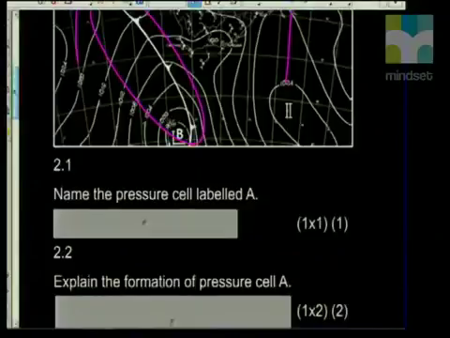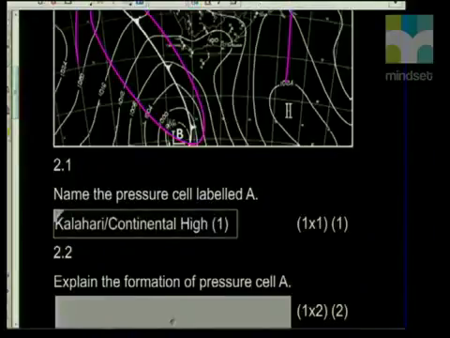Write high pressure cell, stroke, or dash, or slash, and the name. But if you write the words high pressure cell in that, it's fine. But the reference here is made to that specific name of Kalahari high pressure system. Kalahari or continental, the alternate name.